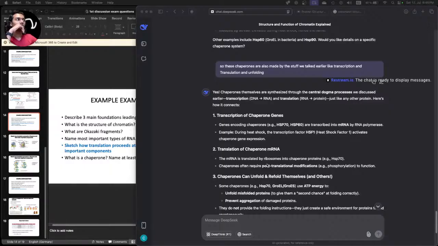Transcribed into mRNA by RNA polymerase during heat shock.